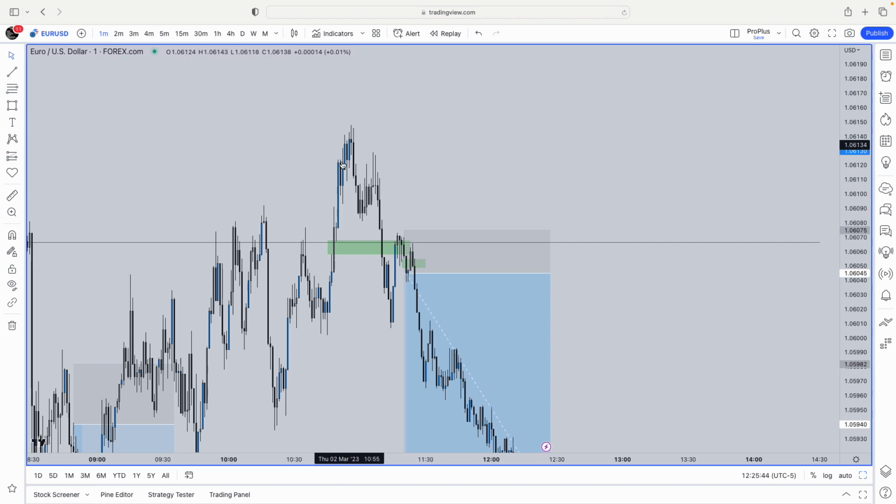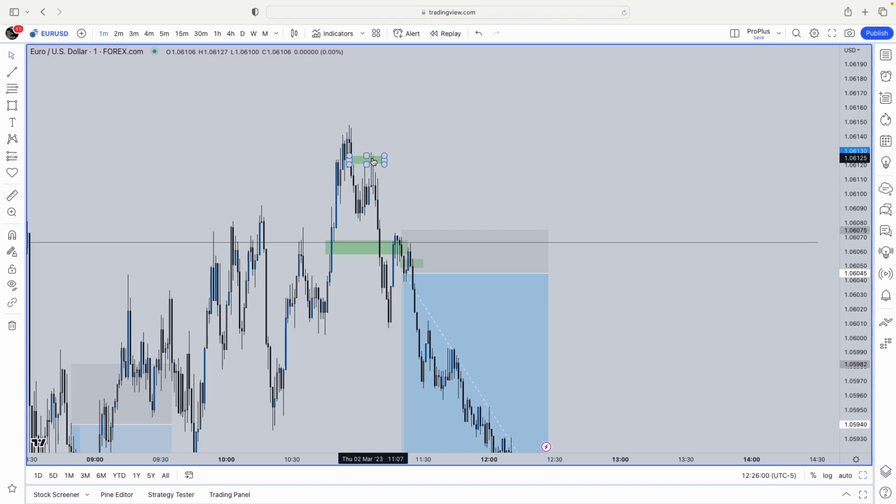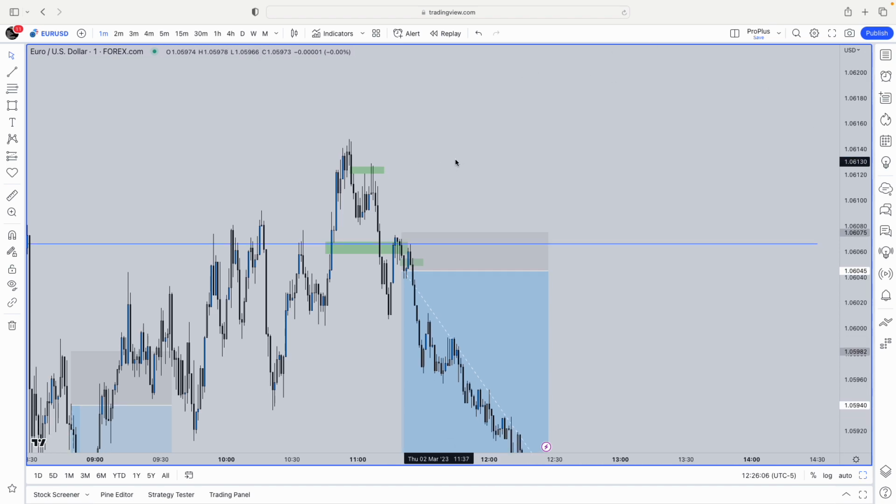Price breaks above this buy side liquidity, breaks lower into this market structure shift. I actually did enter this one, literally here. However, it was past 10 o'clock, so I trade 7 to 10, and I broke my rule. So as soon as I was in profit, I took out because I don't want to get in that habit of trading past my time. But that would have been a very nice trade again.